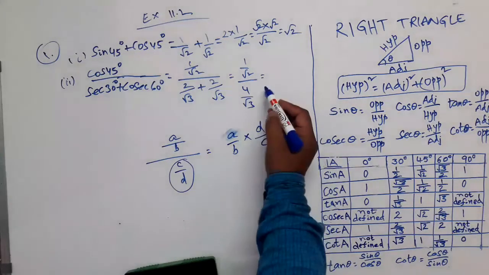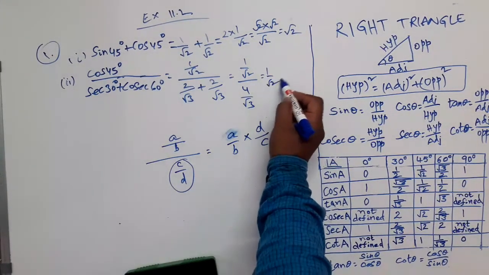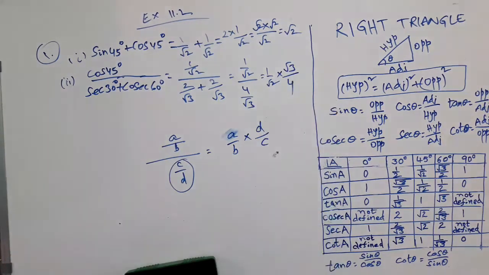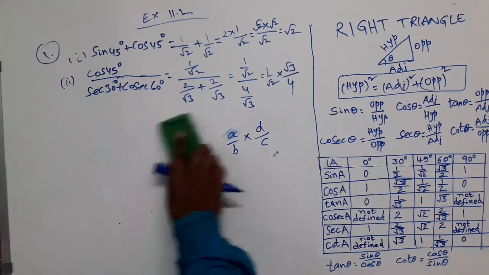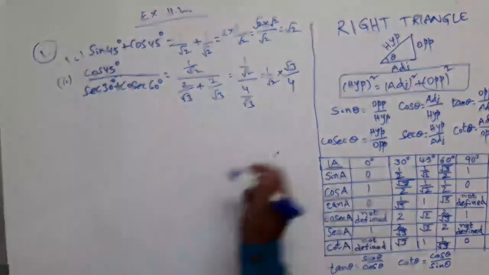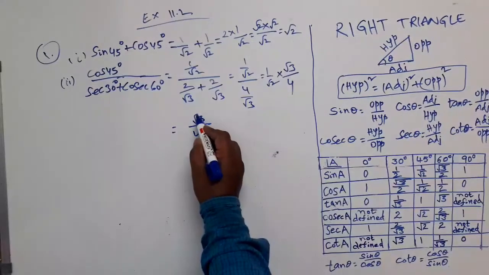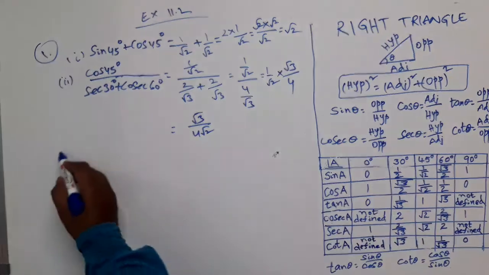Tell me, this will be 1 by root 2 multiplied by root 3 by 4. So this is root 3 divided by 4 root 2. You can leave it like this.